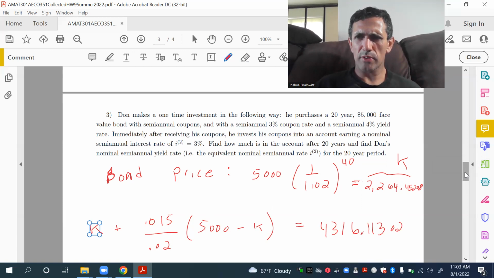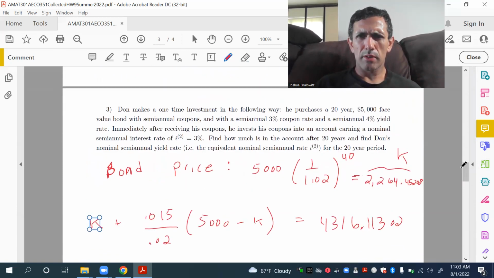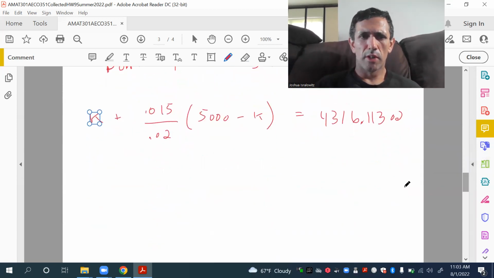That's the bond price. Okay, so let's find out what the accumulated value of his coupons is. Gotta find out what the coupons are first.